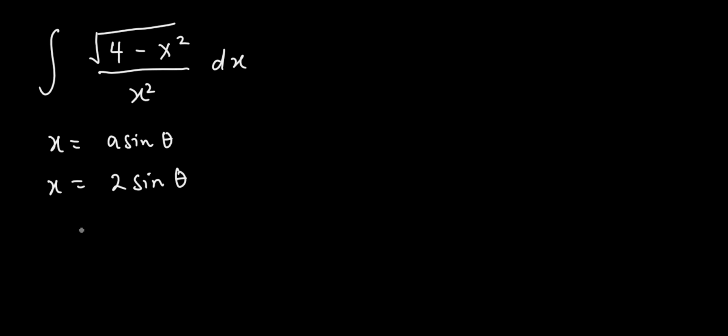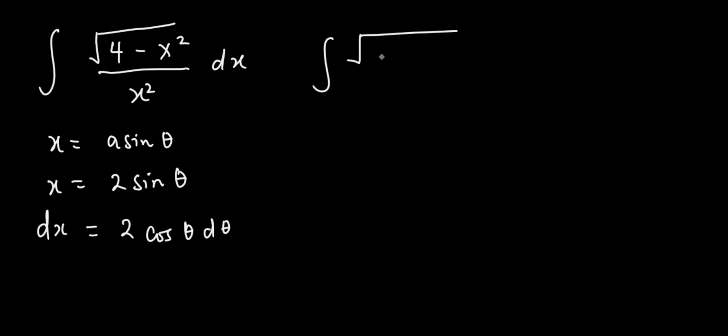The next thing is to differentiate x with respect to theta. So we say dx is equal to 2 cosine theta d theta. Then I'm going to put this expression into the original equation. So we have the integral of 4 minus x squared.